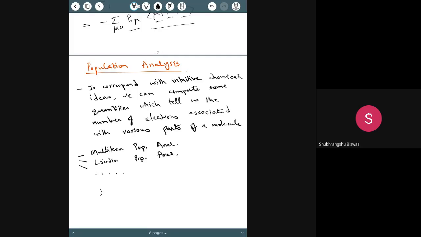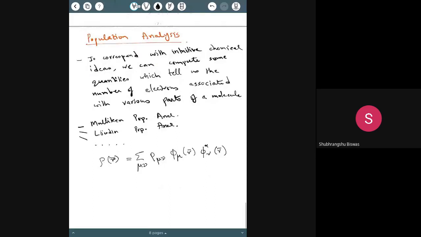So remember, we had defined a charge density function, which was a sum over all the atomic orbitals of the density matrix P mu nu, times phi mu and phi nu star, where phi mu and phi nu are the atomic orbital basis functions, right?